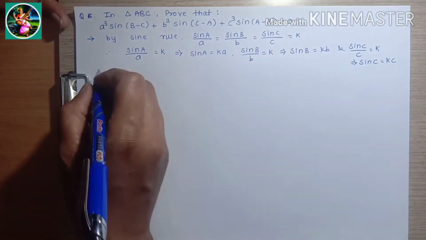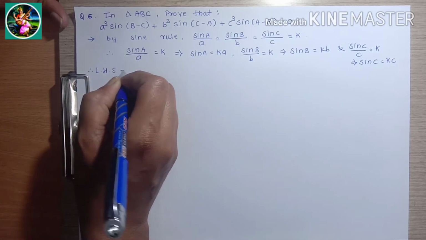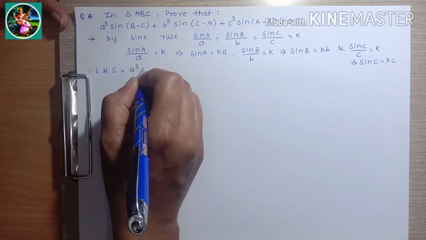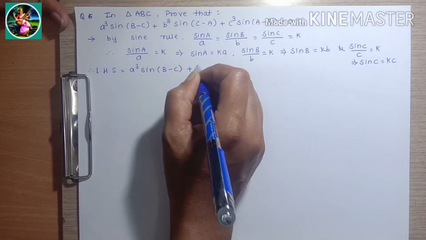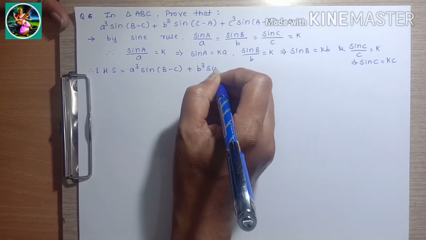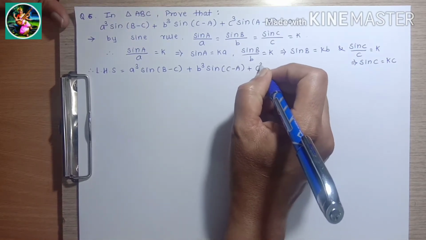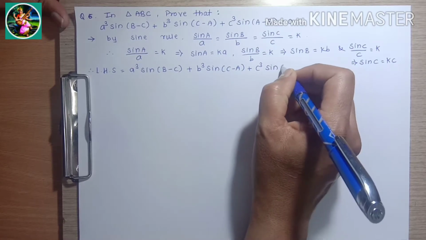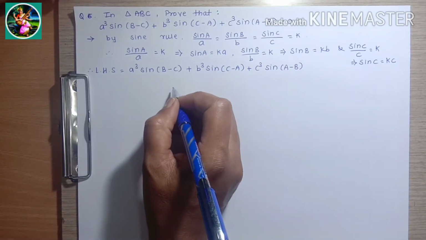Now we consider the LHS of the proof. LHS is equal to a cube sine of b minus c plus b cube sine of c minus a plus c cube sine of a minus b. We know the formula for sine of a minus b.